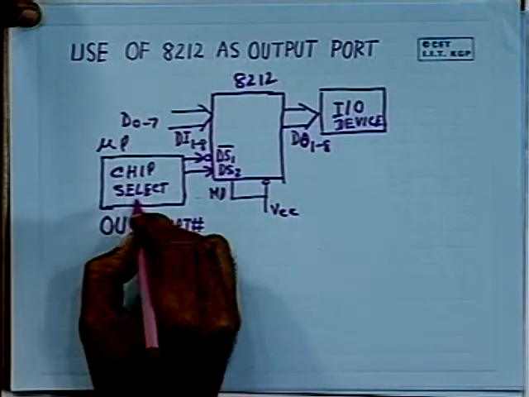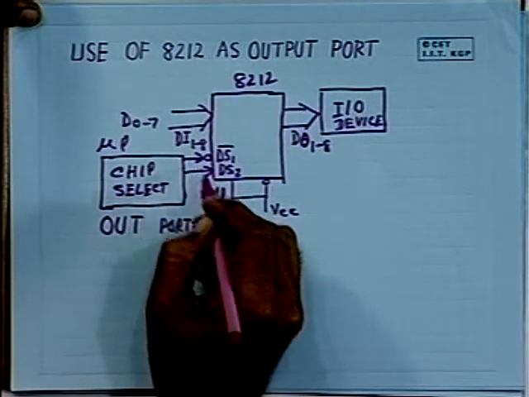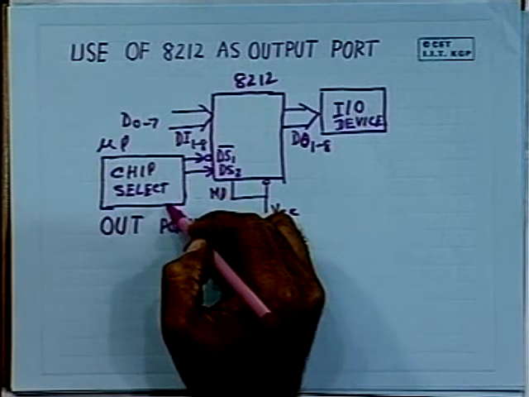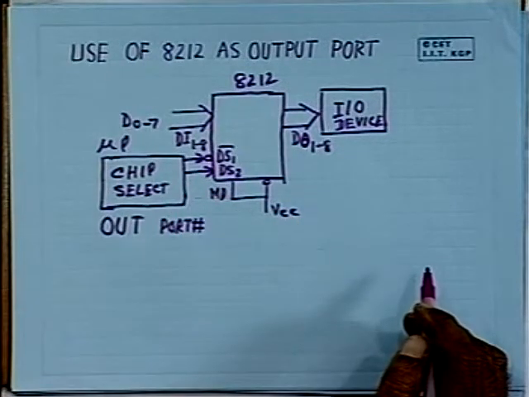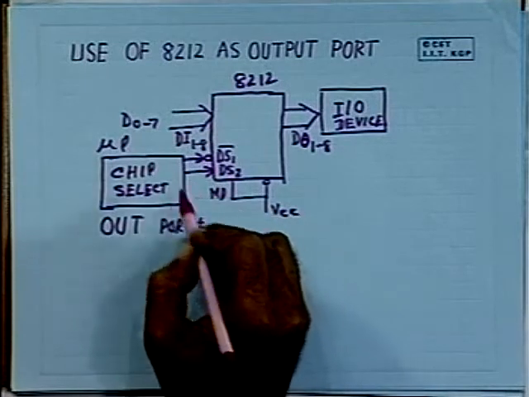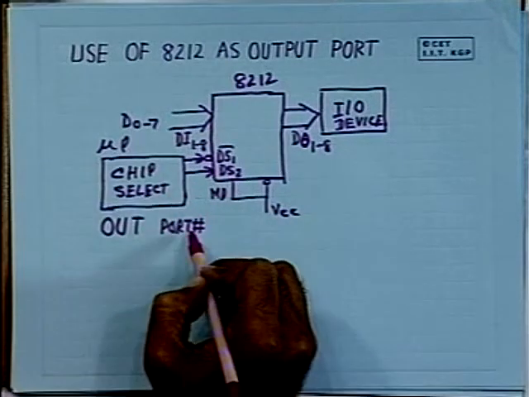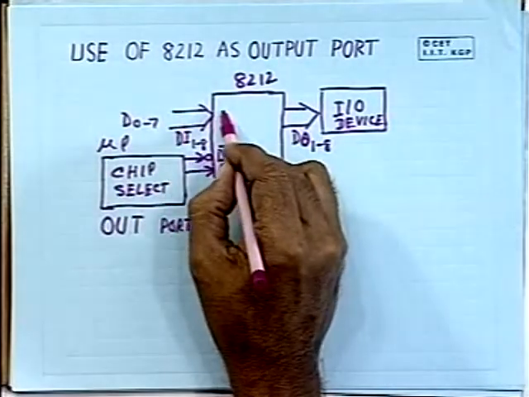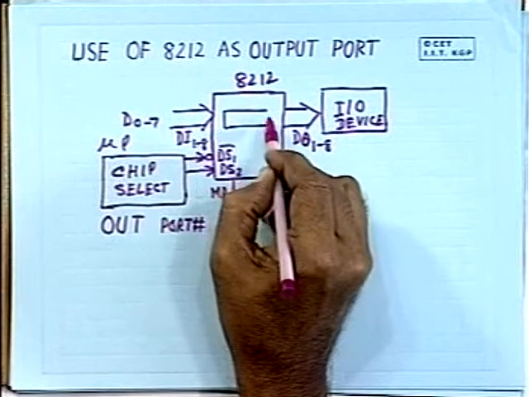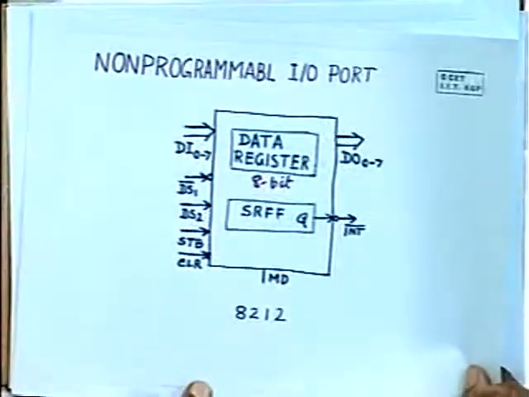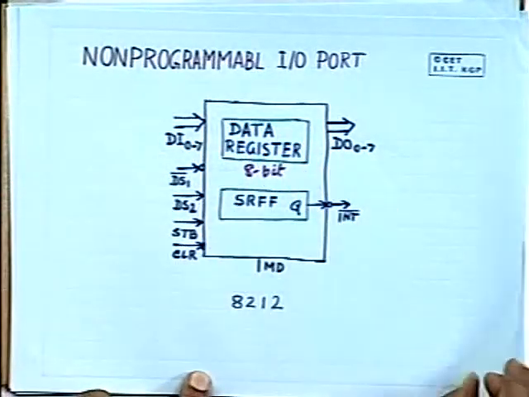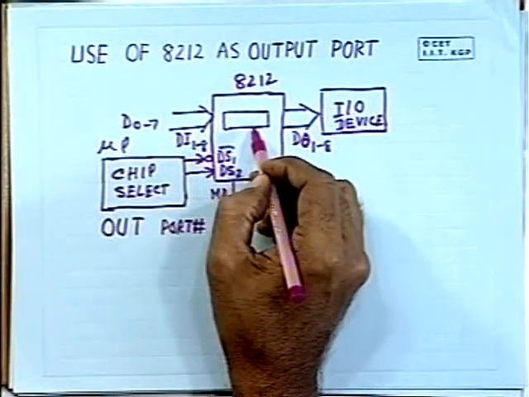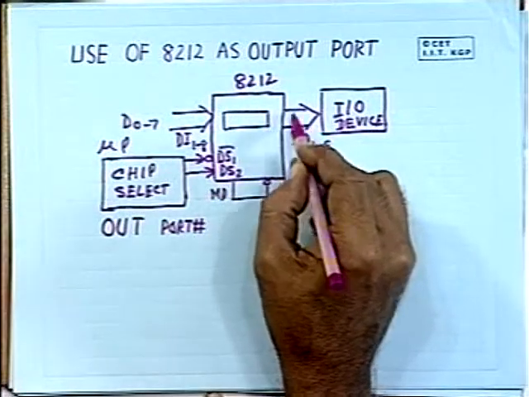That means chip select hardware will decide this particular address, and this can be implemented with the help of the decoder circuit, which we have discussed at length. Now, whenever this is executed, the value on the data bus which is coming from the accumulator will be transferred to this data register. I have shown that there is a data register inside it, and this data register will hold the value, and that value will be available on the output.